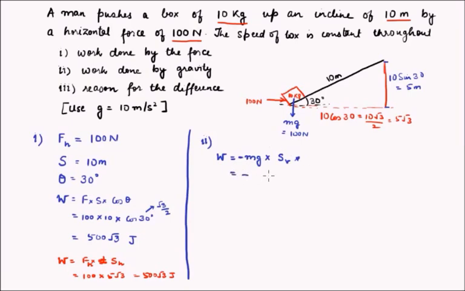This will give us minus 100 times 5, that is minus 500 joule. So the work done by gravity is minus 500 joule.